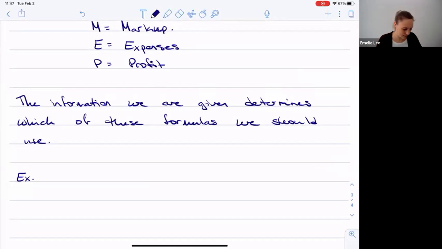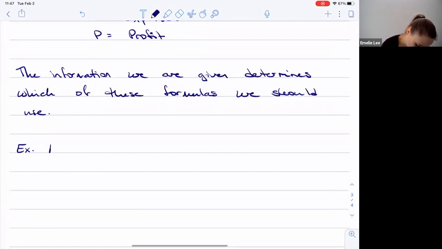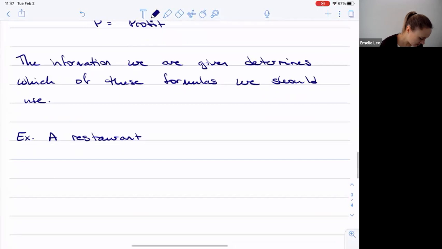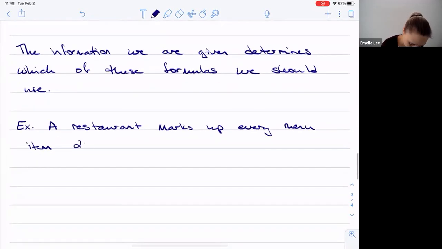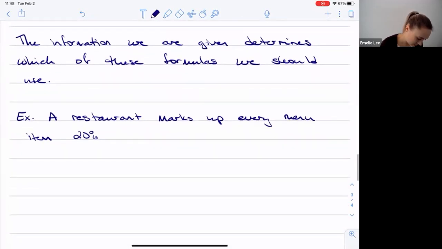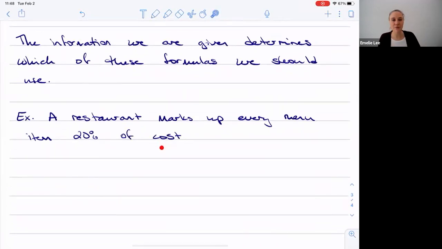So what that looks like here is a restaurant. A restaurant marks up every menu item 20% of cost. Okay, so that's 20% of C. Okay, that can be a little bit tricky.